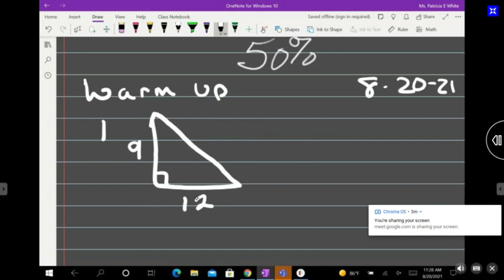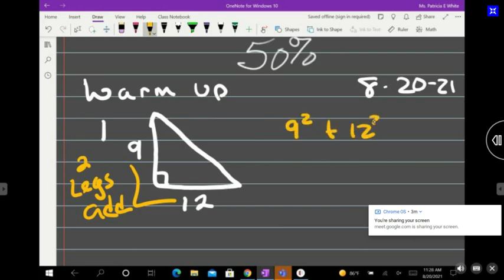Because I have both these numbers, because I have 2 legs, right? Since I've got the numbers for 2 legs, that means I've got to add. So I'm going to say 9 squared plus 12 squared. 81, 12 times 12 is 144. So 81 plus 144 equals 225.